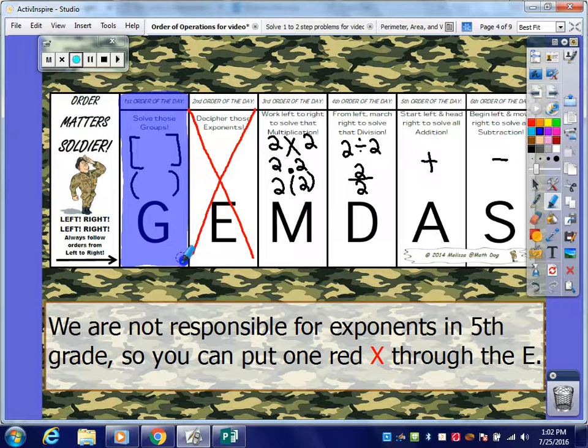So no matter what, we're going to do everything inside the groups before we move on to anything else. So we have to go from left to right. Okay, we do not have to worry about exponents, remember.